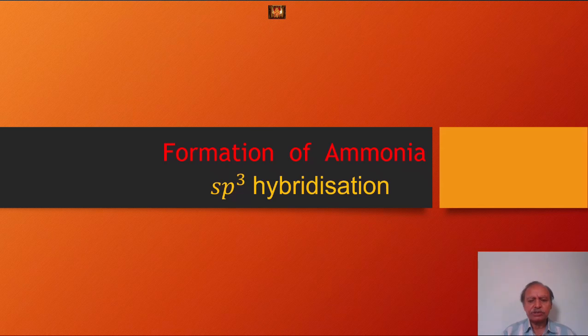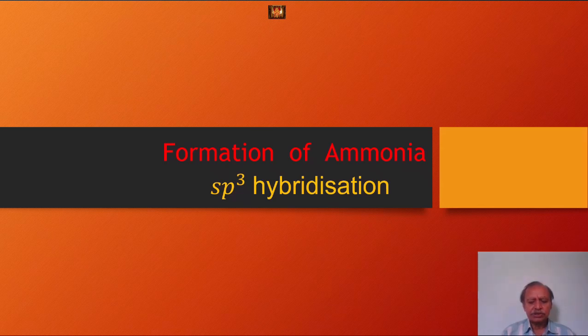So the carbon atom in methane and the nitrogen atom in ammonia are both sp3 hybridized. Formation of methane and formation of ammonia are both explained on the basis of valence bond theory.